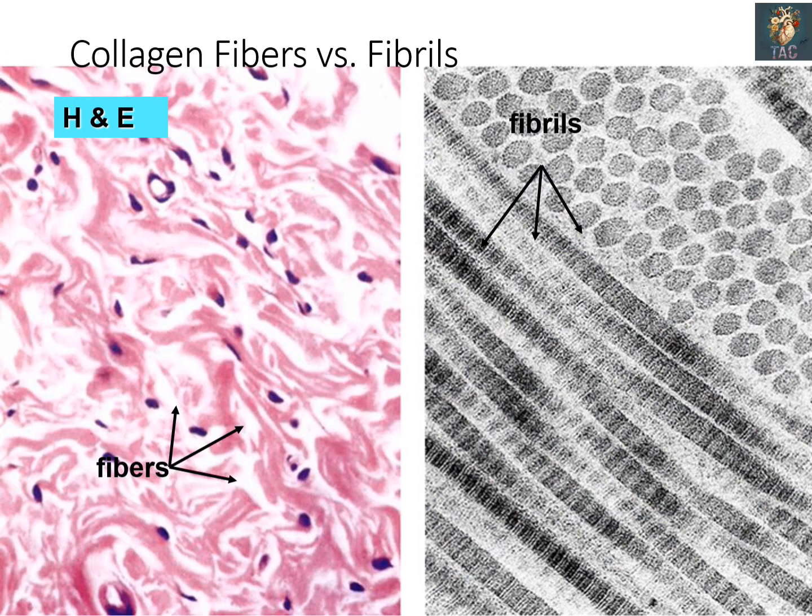Then the collagen fiber versus fibril. These are the H&E stain sections at light microscopy, and this is the electron microscopy. So in this you can see the irregular arrangement of the collagen fibers, and here you can see the longitudinal section and cross section of the collagen fibers, and in longitudinal section you can appreciate the banding pattern as well.